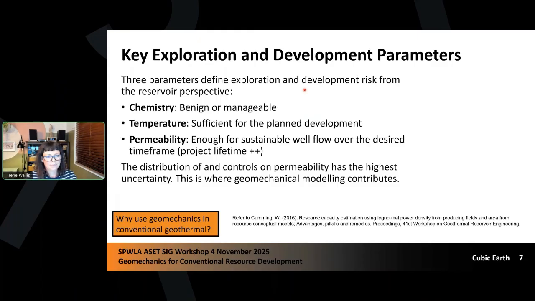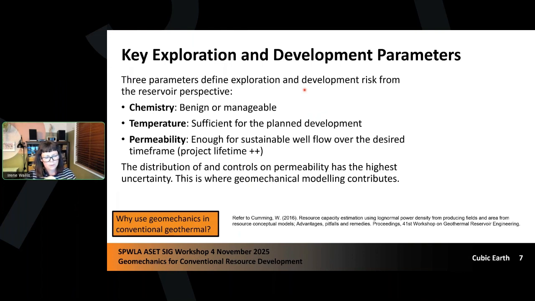And then enough permeability for sustained well flow over the desired time frame, which tends to be a project lifetime plus. Many geothermal systems, like the oldest wet steam field development of the world, Wairakei, they've produced like a couple of times the volume of the actual reservoir.